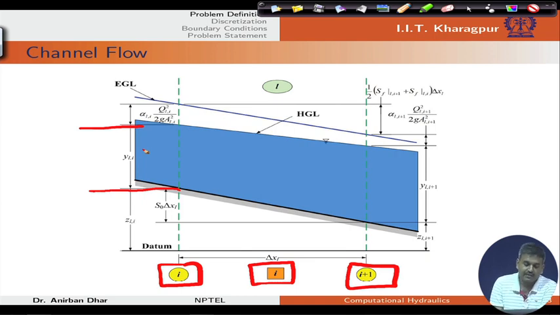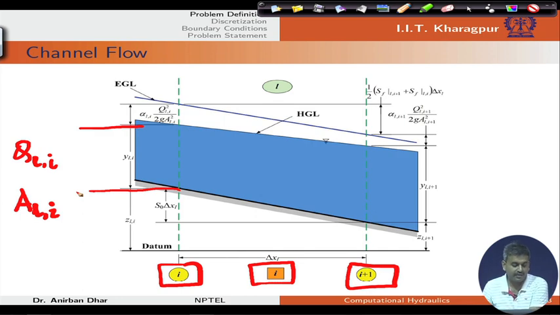In this case this Q L I means that for the Lth channel reach at the ith section, what is the discharge. Similarly, A L I means at the Lth channel reach at the ith section, what is the area.